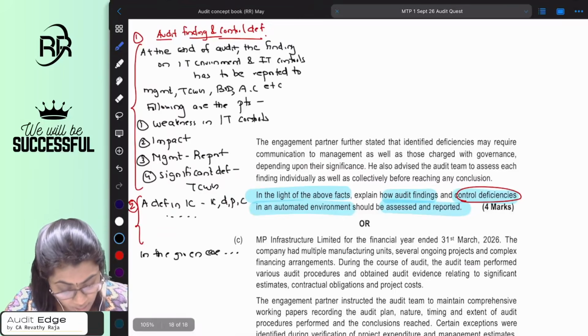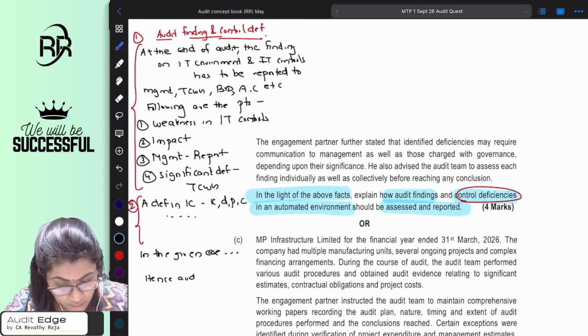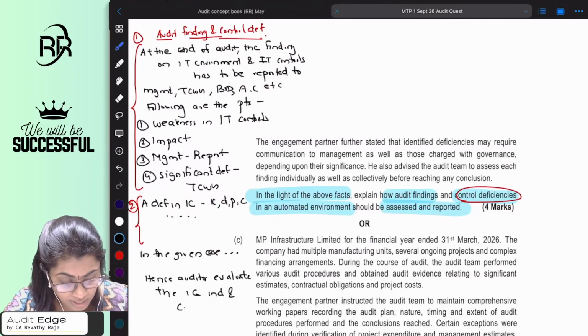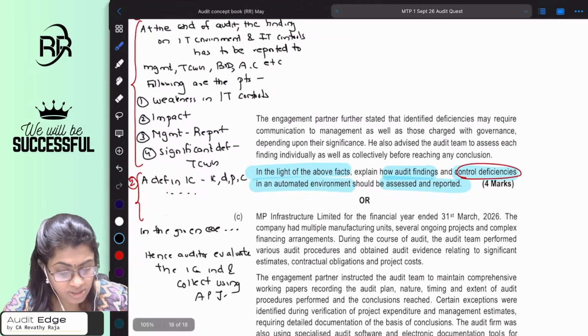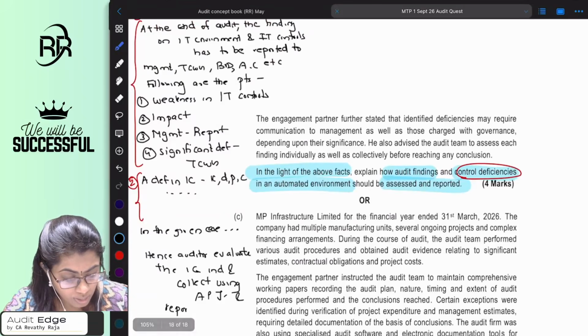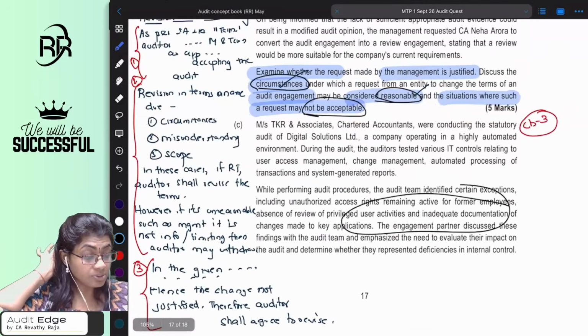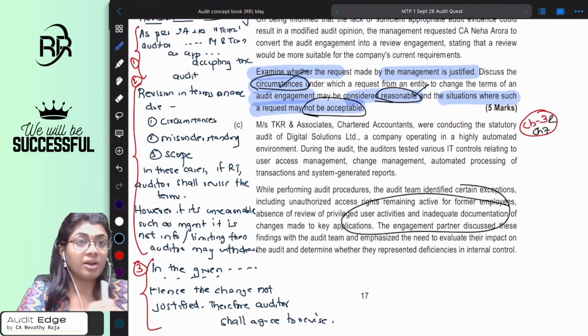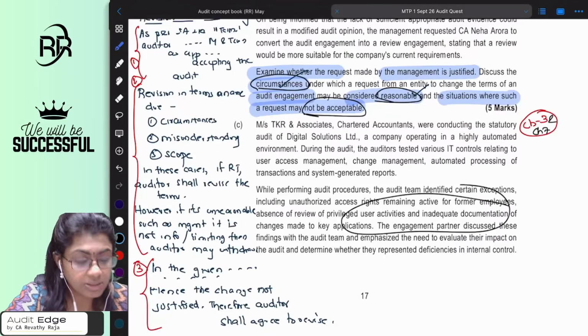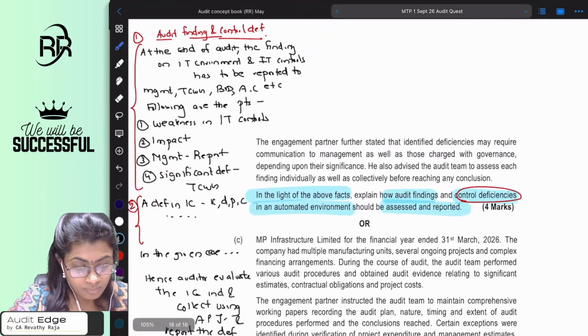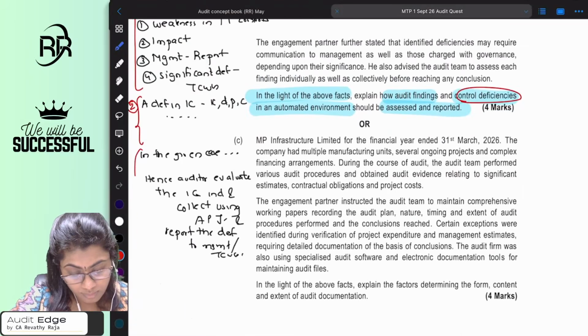Hence, the auditor shall evaluate the internal control individually and collectively using auditor's professional judgment and report the deficiencies to management and TCWG. See, even though it appears to be chapter number 3, it's chapter number 7, SA 265 related. That's it.